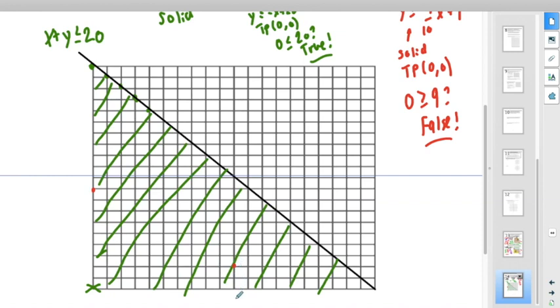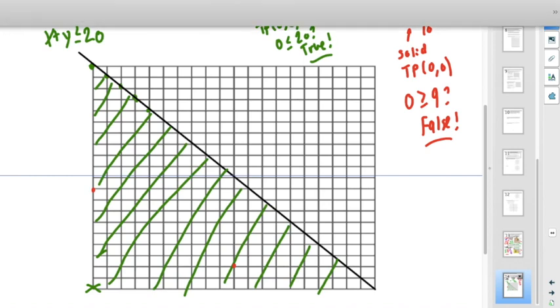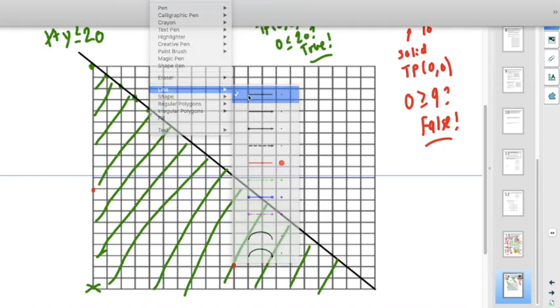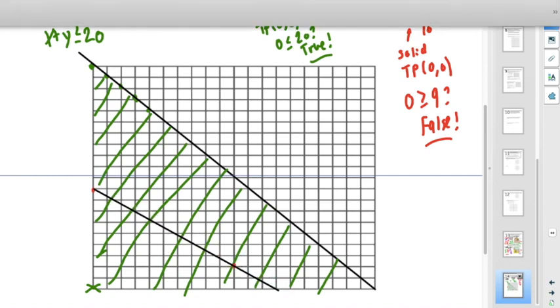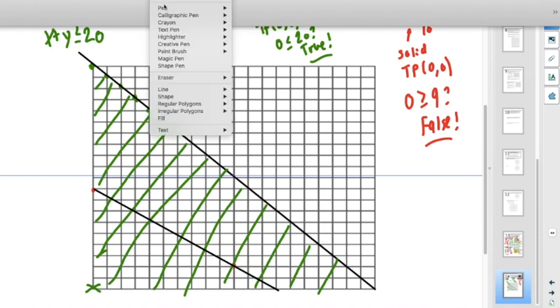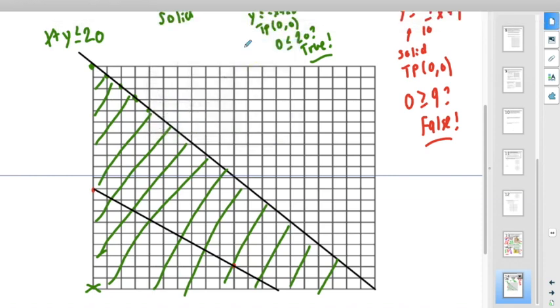Can I go down 7? Nope, I can't. Can I go up 7 to the left 10 over here? I cannot. So these are the only 2 points I can graph, and then I can do my nice line. About there. Okay, label my line, which was 7x plus 10y is greater than or equal to 90.